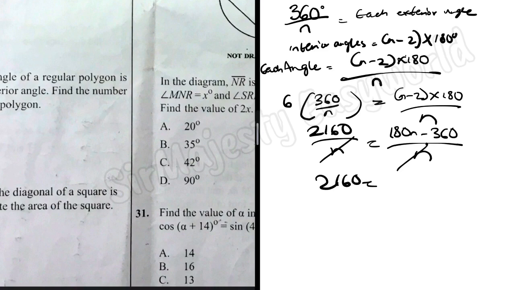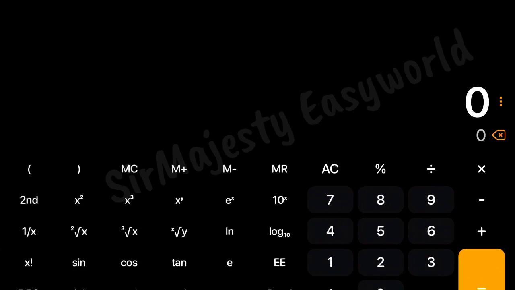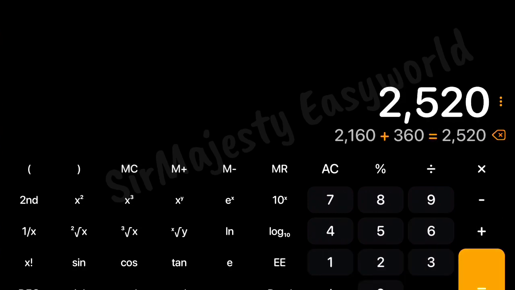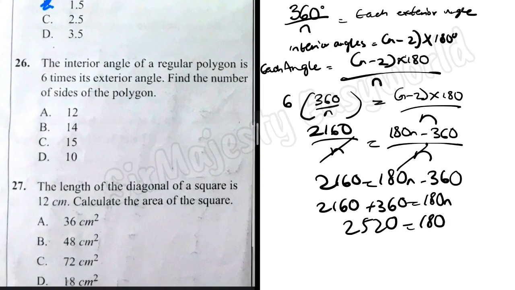So 2160 is equal to 180n minus 360. Collecting like terms, 2160 plus 360 is equal to 180n. So 2160 plus 360 is 2520. 2520 is equal to 180n.